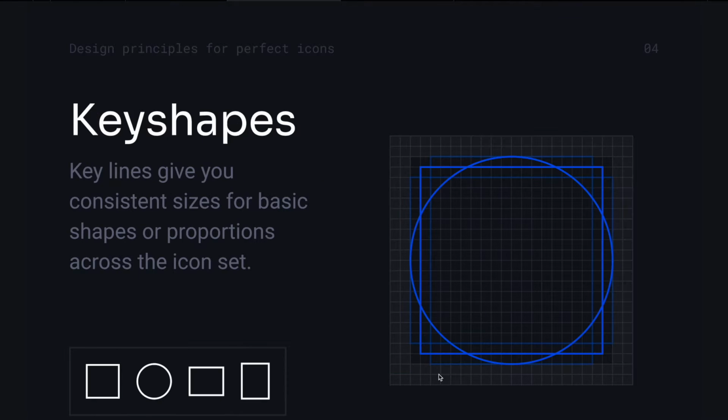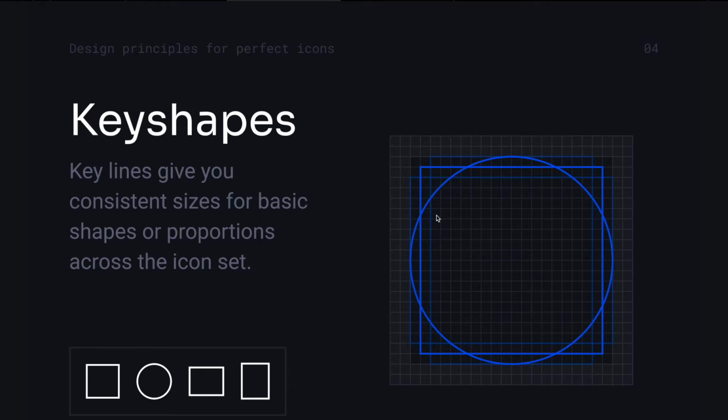The third thing is known as key shapes. We typically have three primary key shapes. So we have a square, we have a circle, and we have rectangles, vertical and horizontal rectangles. These are basic shapes and proportions that guide you to create simplistic icons. If you are creating an icon, it could be a pure circle, it could be a square, it could be a rectangle, or it could be a combination of any of these three key shapes.